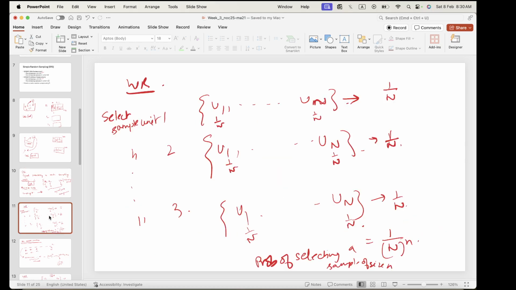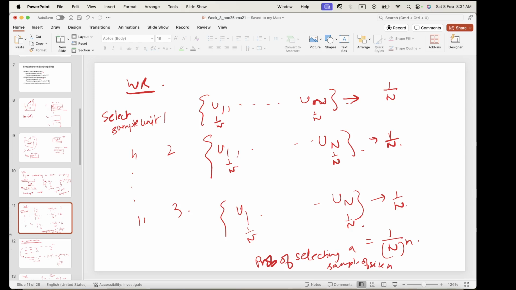Then we move on to with replacement, where I am assigning equal probabilities to unit 1. So each of the units will have 1 by n probability throughout, no matter how many times you sample, because we are giving it back.